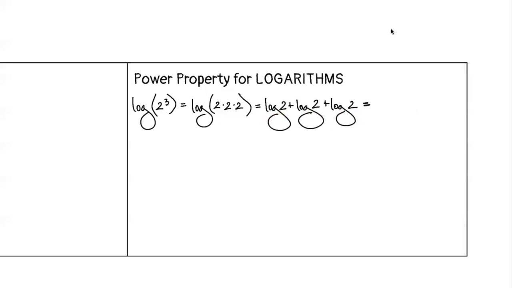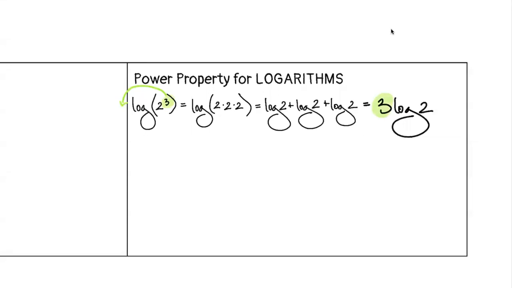It would be shorter to write that I have 3 of them. 3 log 2. Okay. Why is that important? This 3 is this 3. And I don't know if you remember the other day when I said, I just want you to take this power and bring it down to the front as a coefficient.